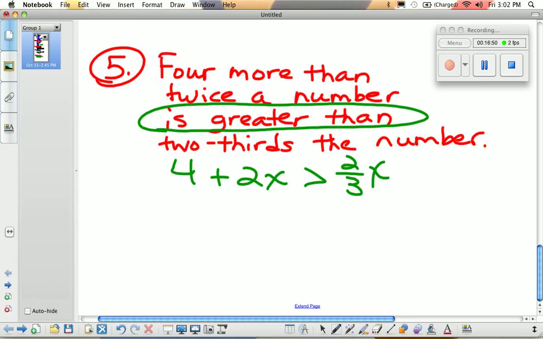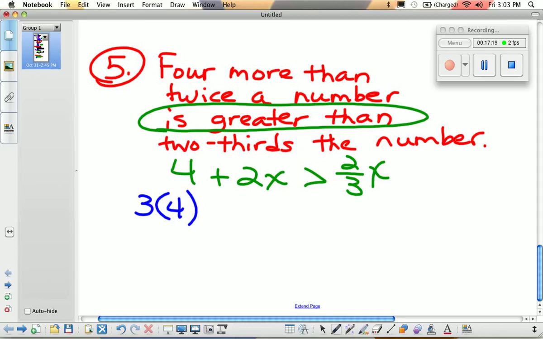Or, back in another lesson when we had denominators we wanted to get rid of, we multiplied every piece of the equation by that denominator. So we could multiply every piece of this equation by what? The 3, and it would get rid of the fraction for us. So which one do you like? Get rid of the 3. Good choice. Okay, let's take every piece times 3.